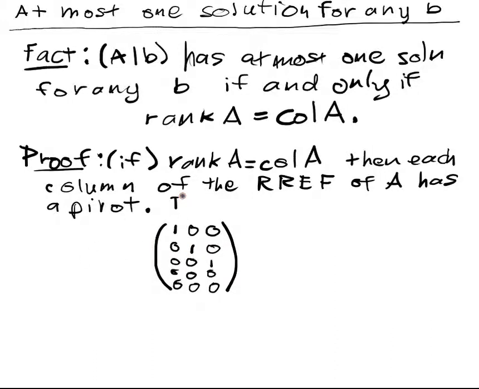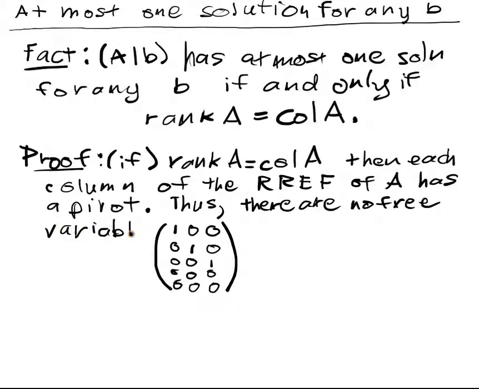So thus, there are no free variables. All variables are basic. Well, if there aren't any free variables and they're all basic, that means that all the variables are fixed if there's a solution.